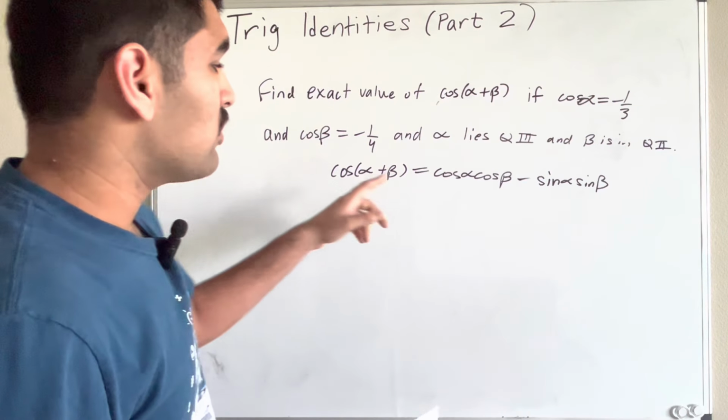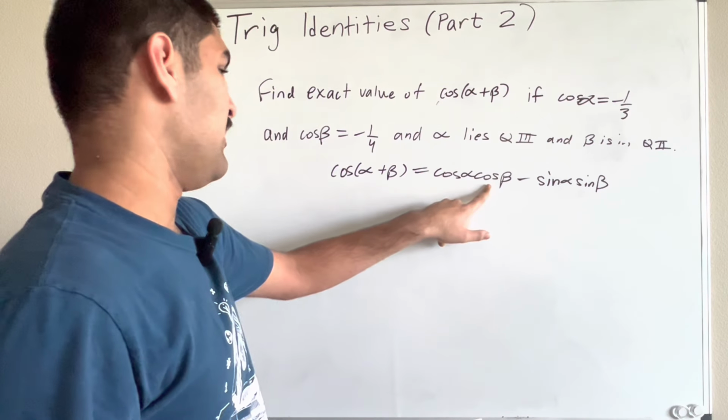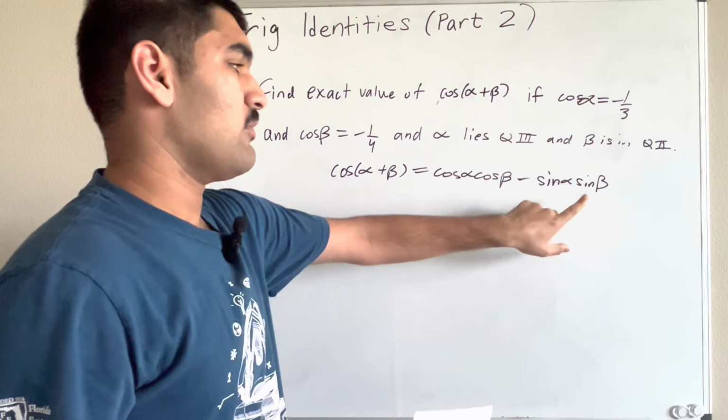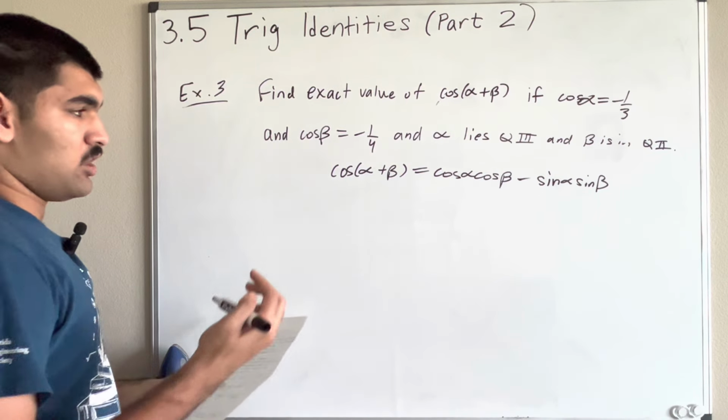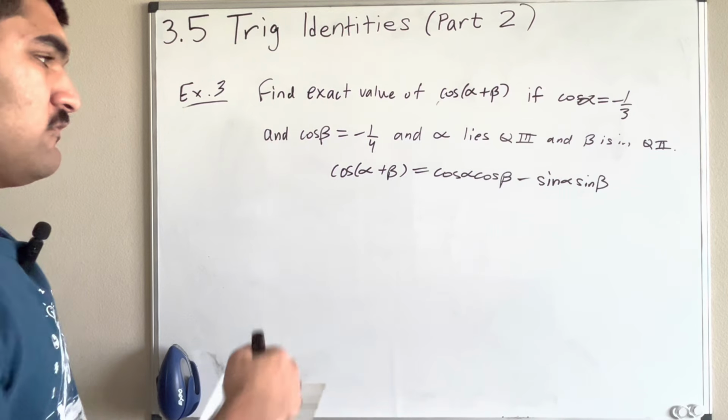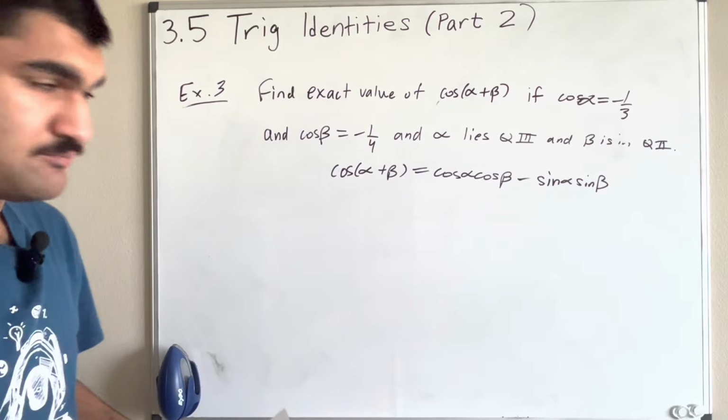So we already know what cosine alpha and cosine beta are, so we already know the first term, but we want to know what sine alpha and sine beta are. We also know the quadrants in which alpha and beta lie, so we can use our Pythagorean identities to solve for sine alpha and sine beta.